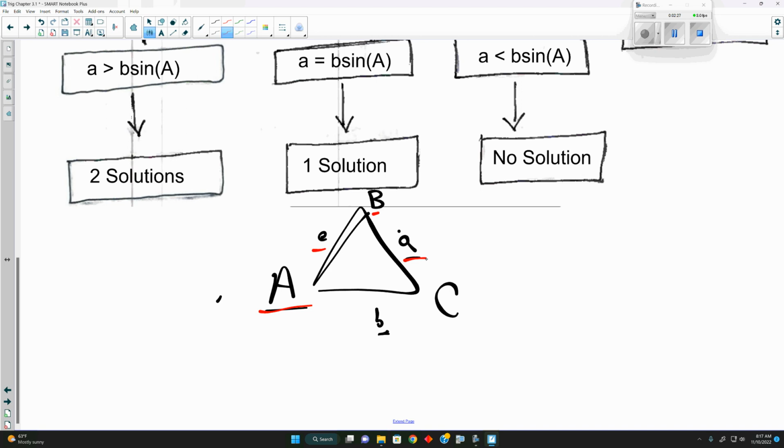Because really we're looking at the angle and the side opposite, and then one of the other sides. That's all A and B are.